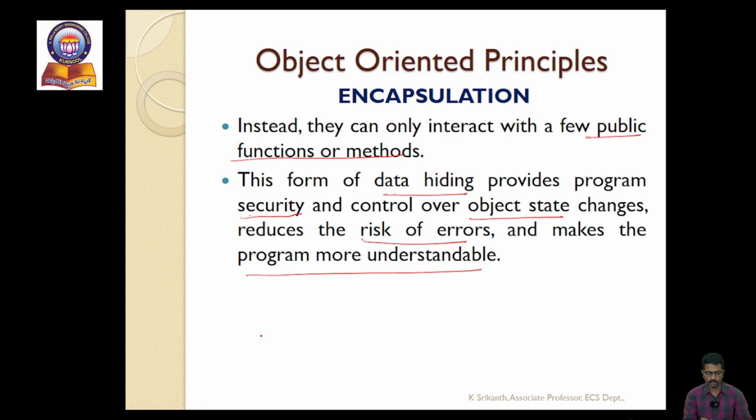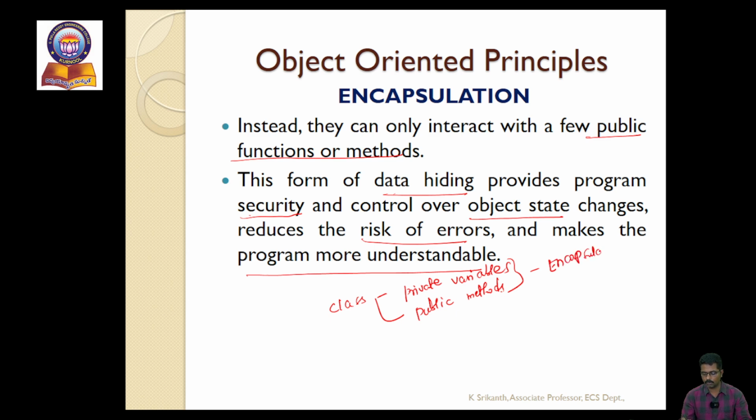So overall, encapsulation is nothing but combining your data and methods at one place, that is your class, right? So we need to write a class with private variables and public methods to achieve encapsulation.